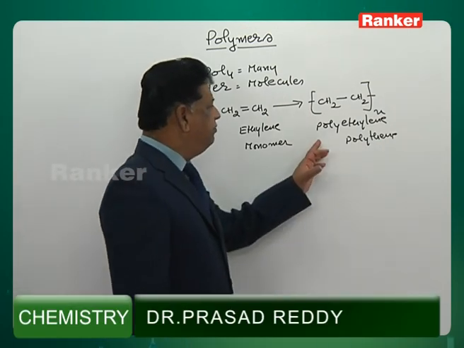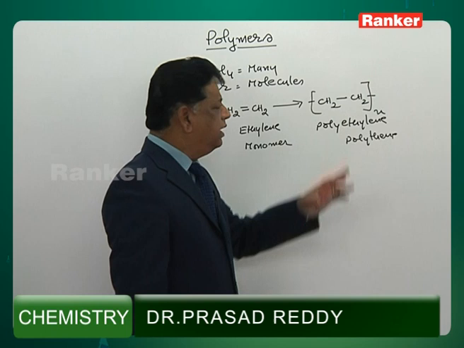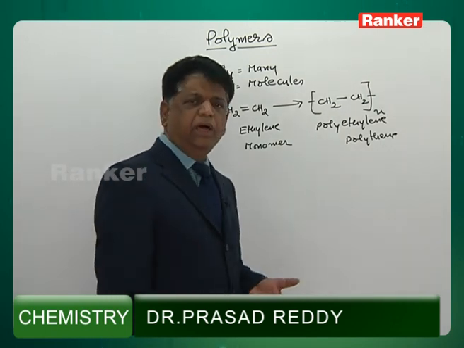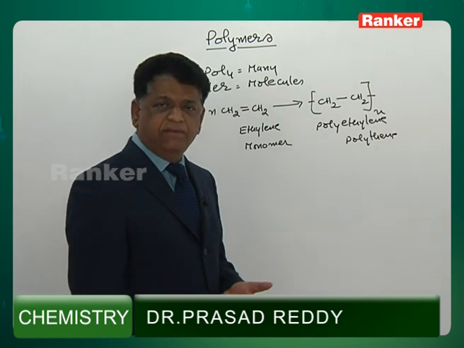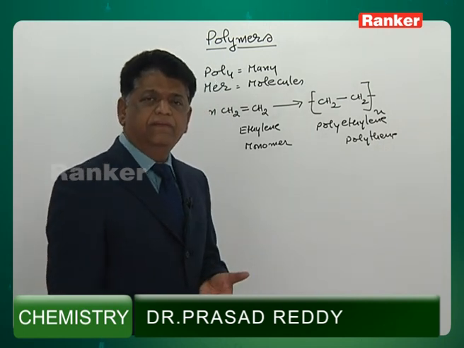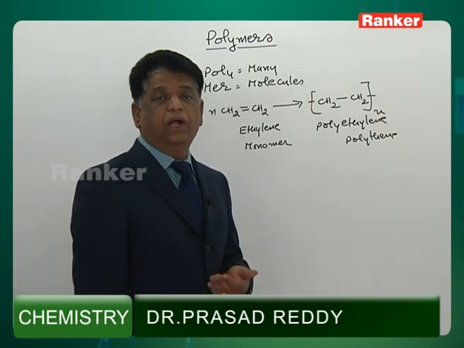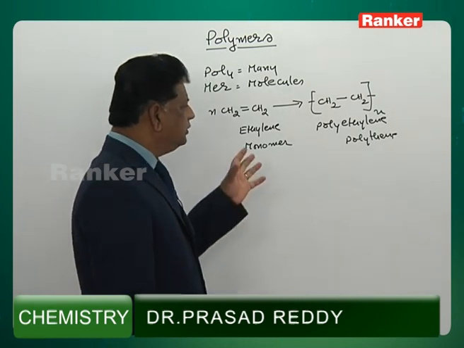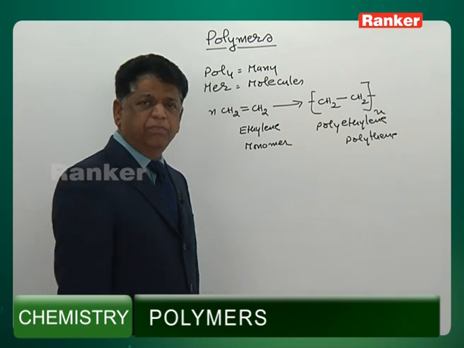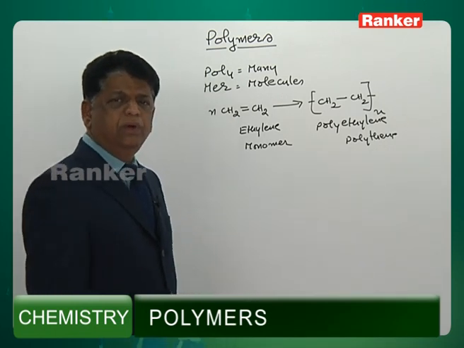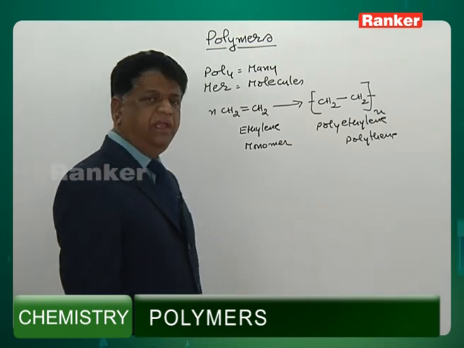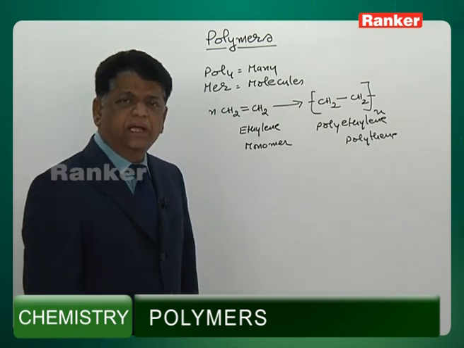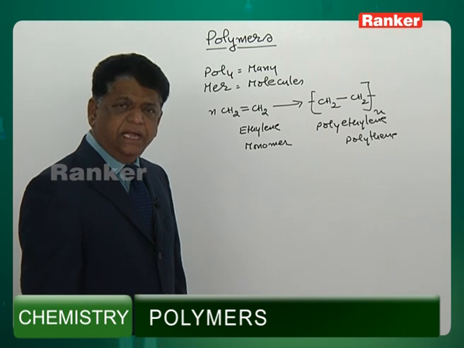We carry some organic solvents in polythene covers, which means this polythene substance is not soluble even in powerful organic solvents. That shows the gigantic structure of this compound gives unusual properties, like extraordinary stability, less solubility in organic solvents, and less reactivity.